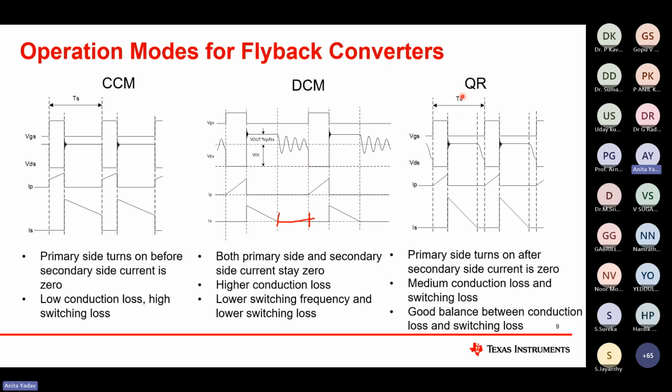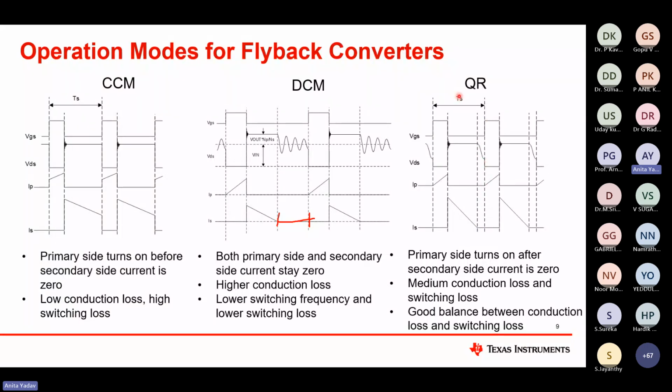But the QR term is preferably used, or technically designed, for first valley switching. Here, once the energy is transferred from primary to secondary and the transformer gets demagnetized, whenever the first valley comes, the controller immediately gives the pulse width and turns on the FET. So first valley operation happens here.